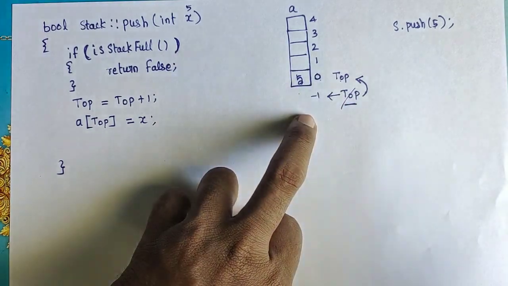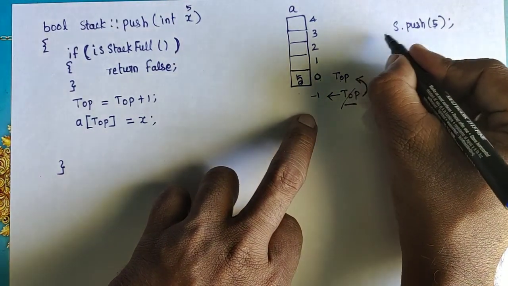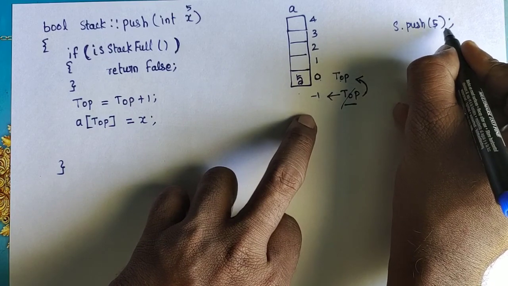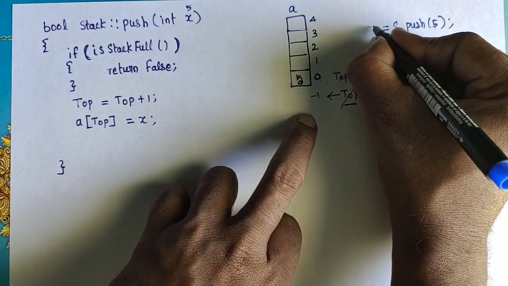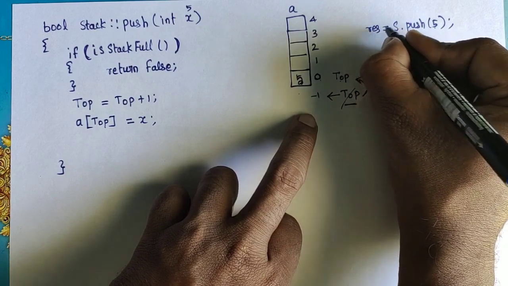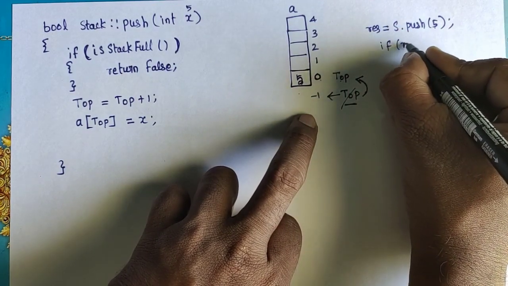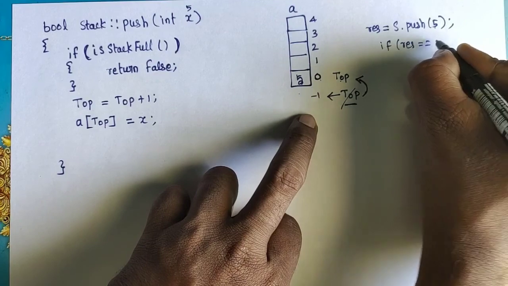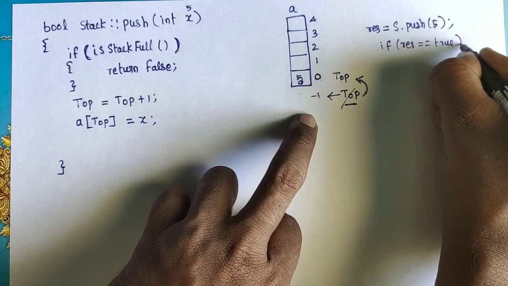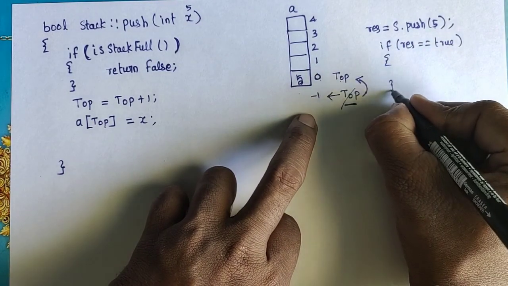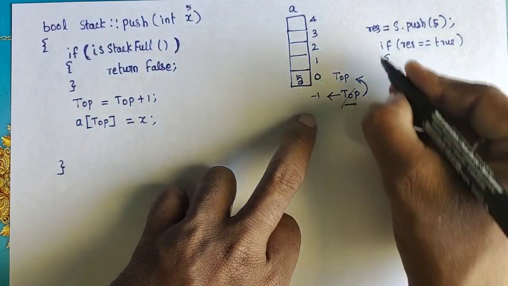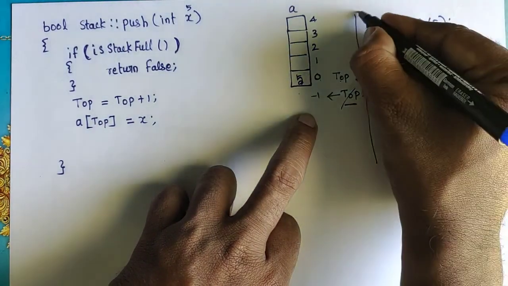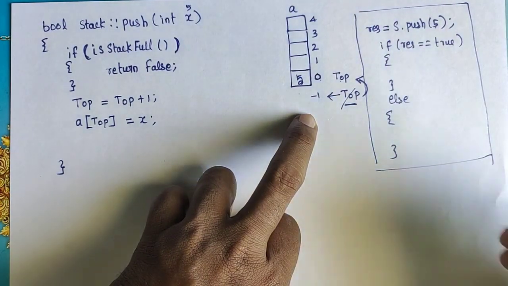After calling s dot push of 5, it will return a success or failure message. You can receive this in the result and check if result is equal to true, success, else failure. We can add this statement in the main function.